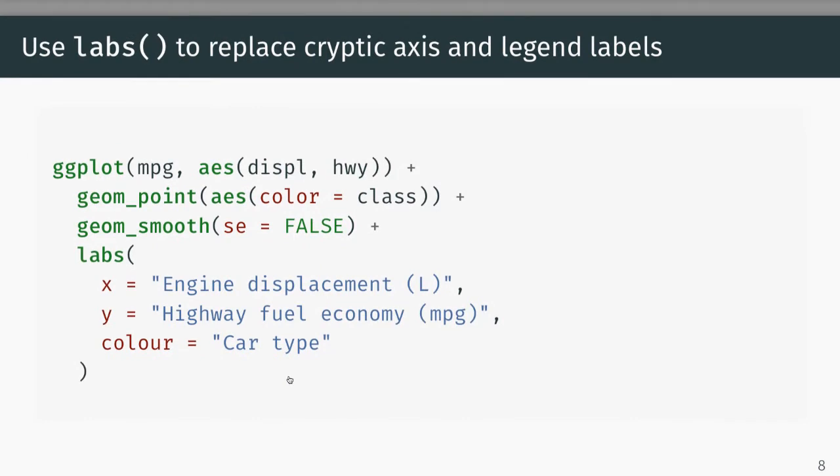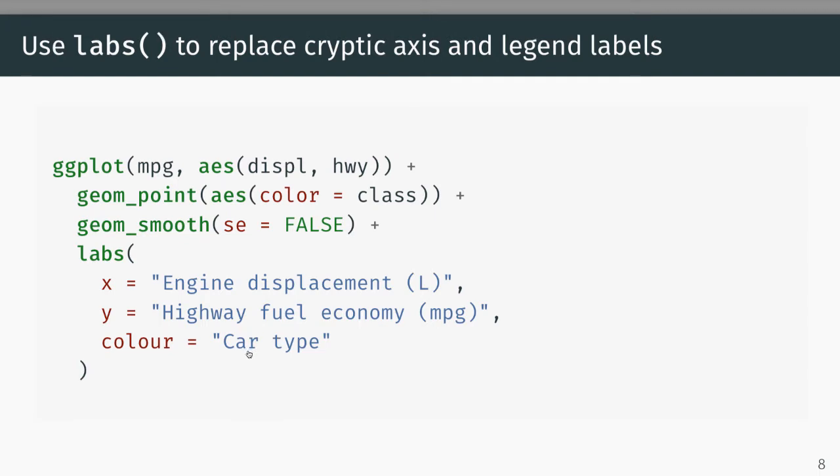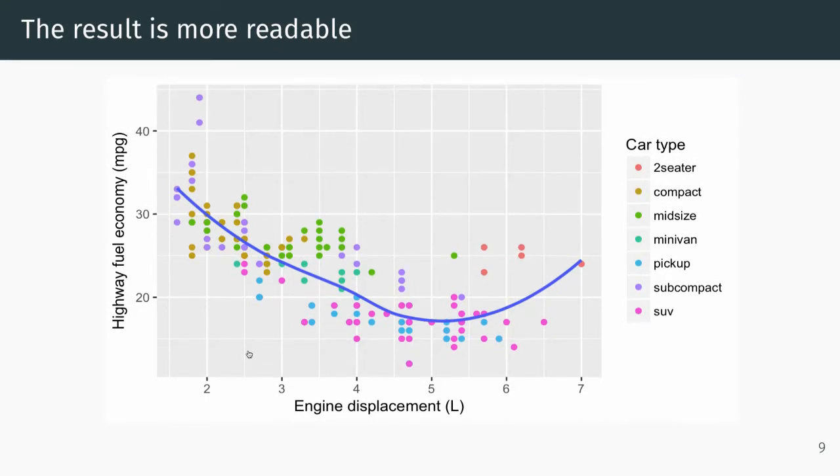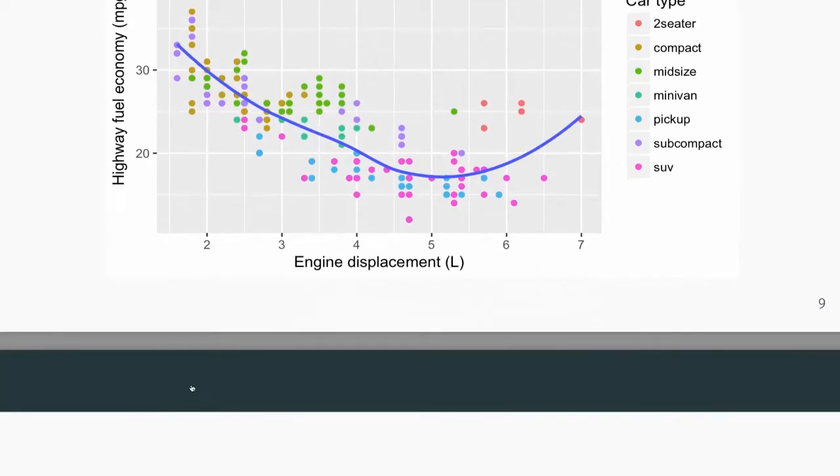And by saying X is engine displacement in liters, highway fuel economy in miles per gallon, and the colors, the legend is going to be car type instead of class, we get a more readable result. And I just haven't put the title and subtitle and caption on here out of laziness.